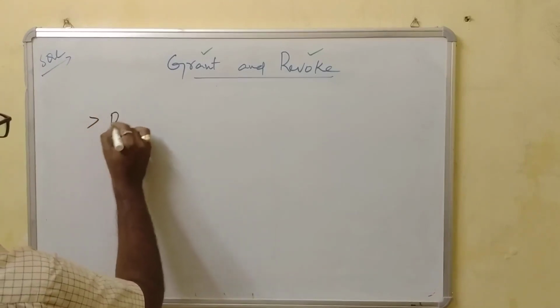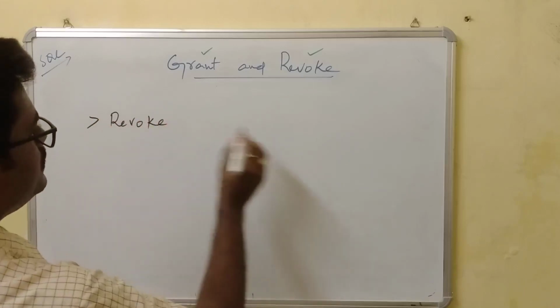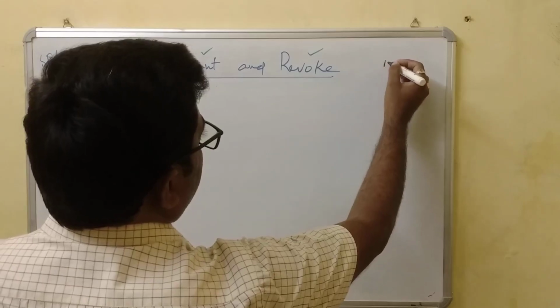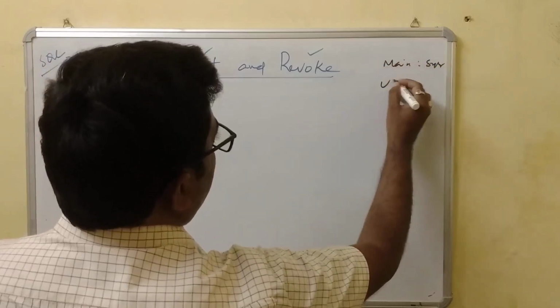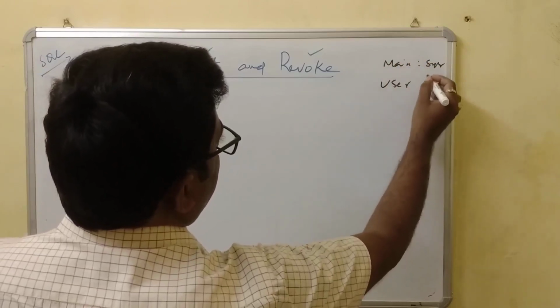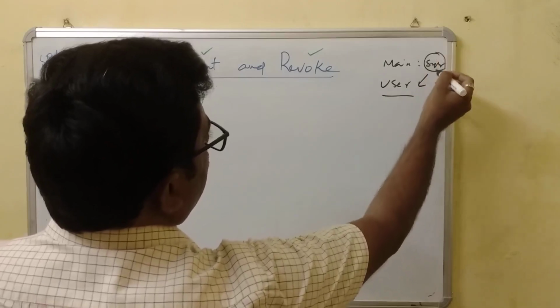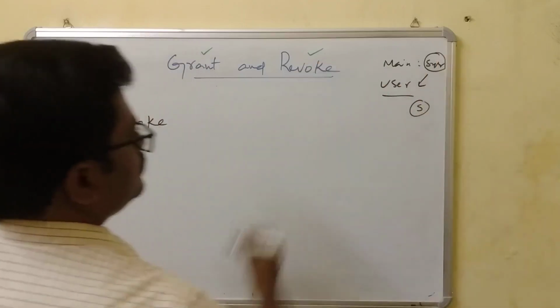Revoke means we will get back all permissions from the user TBK. Here the main admin is system, and the user is some role. We have given the permission by the administrator to the user on the student table, right?